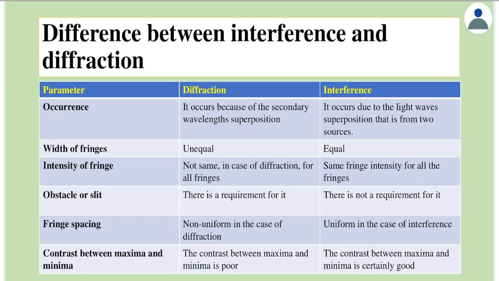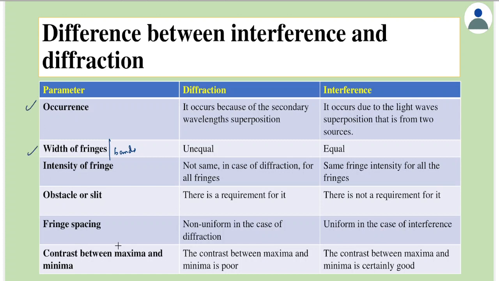The next difference is about the width of fringes or bands. In case of diffraction, we saw that the bands are of unequal width. The central band has maximum width, and as we go away from it, the width decreases. While in case of interference, the bands have the same width.